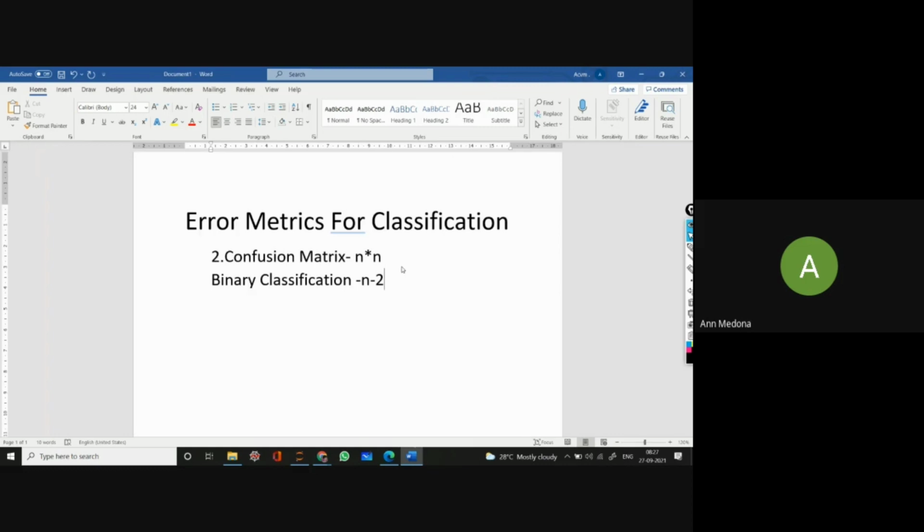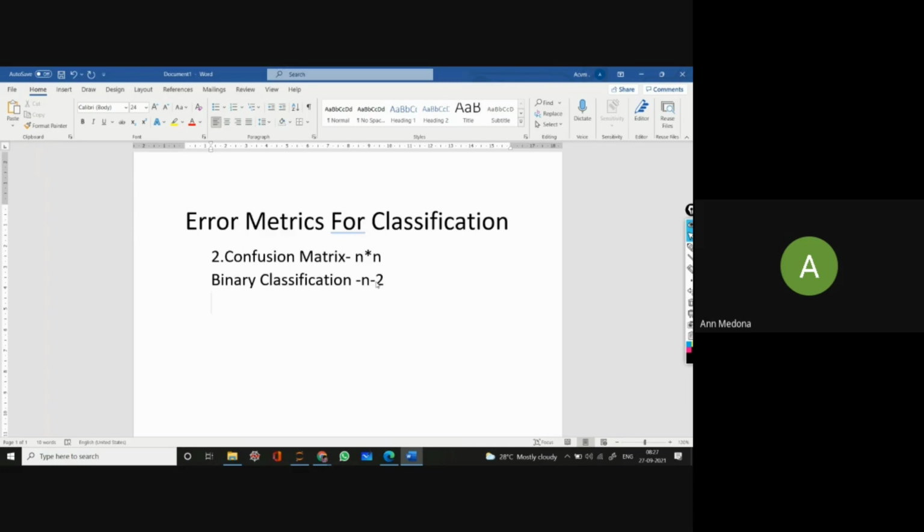If you are going for multi-class classification, and your output has three categories, the n value will be equal to 3. By default, for understanding, we will consider a confusion matrix of 2 classes. So n value will be equal to 2.